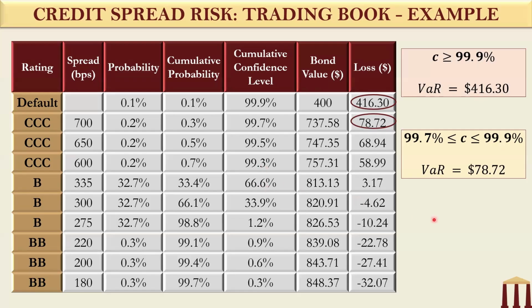That is why the 99% VAR will be equal to 3.17, because any VAR with a confidence level between 66.6% and 99.3 will be the same. So of course, since 99% is between these two percentages, the 99% VAR is $3.17.